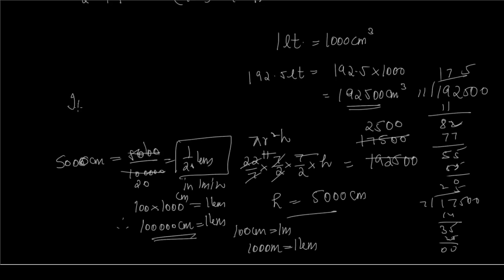So in 1 hour, it will be 1 by 20 into 60. So 0, 0 cancel. It will be 3 kilometer per hour. Right, he's correct. Kshitij is right.